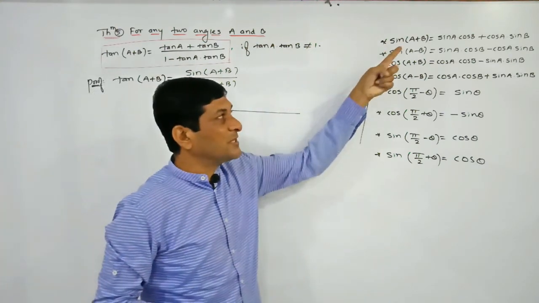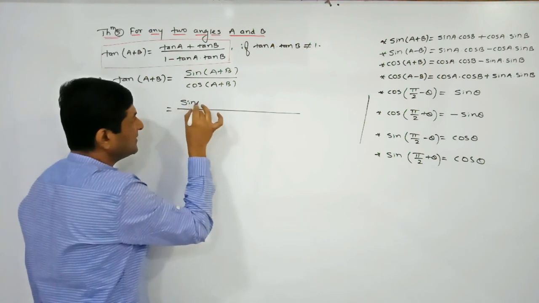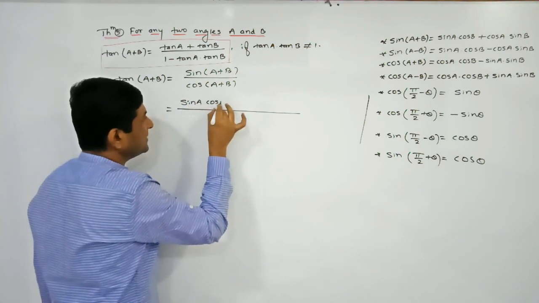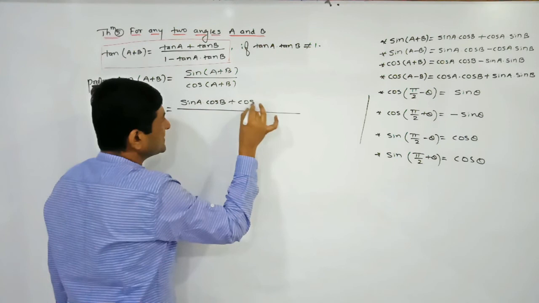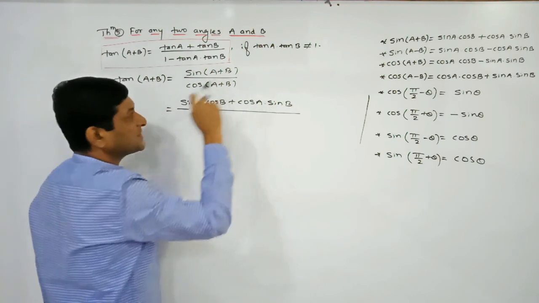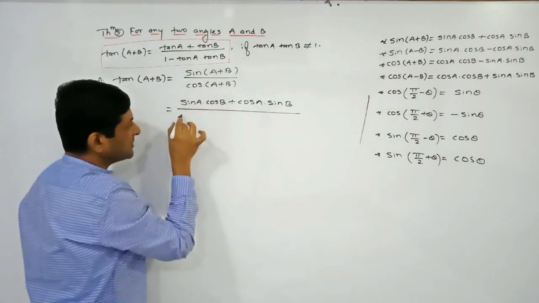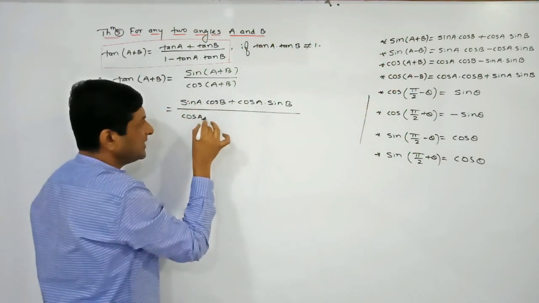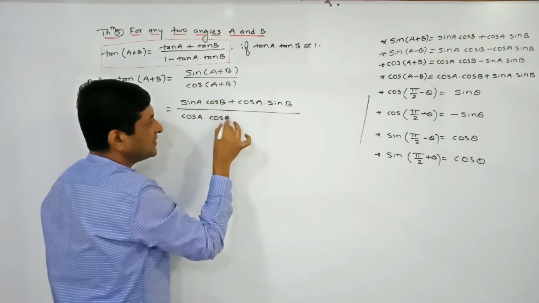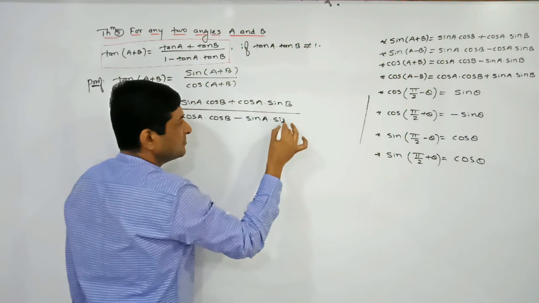Just now we have proved that sin(A plus B) is equal to sin A into cos B plus cos A into sin B, and cos(A plus B) will be equal to, observe the formula, cos A into cos B minus sin A into sin B.